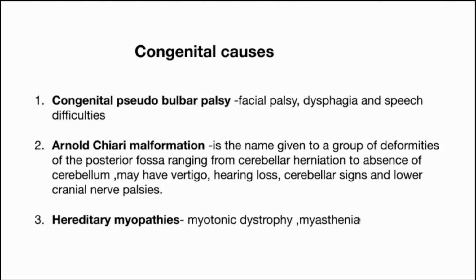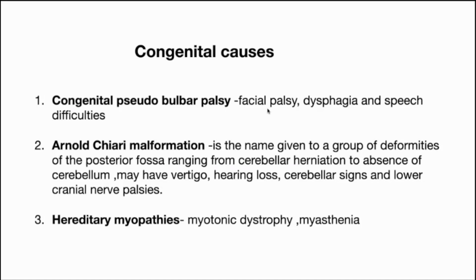Coming on to congenital causes, like congenital pseudobulbar palsy. Whenever you see a child, a neonate, a newborn with facial palsy with other neurological disorders like dysphagia, feeding difficulties, always suspect some congenital causes. One is congenital pseudobulbar palsy.